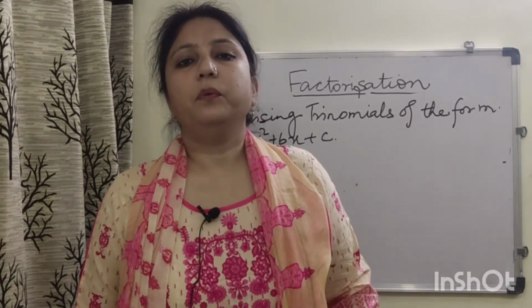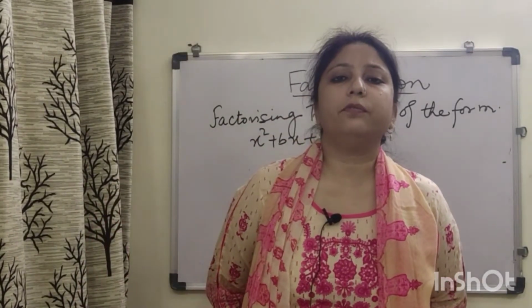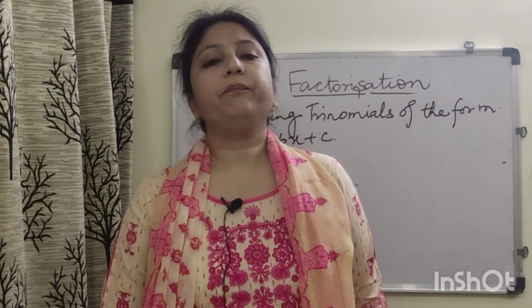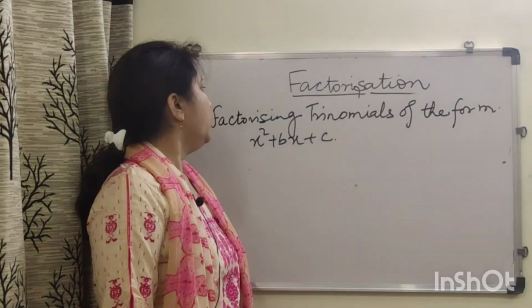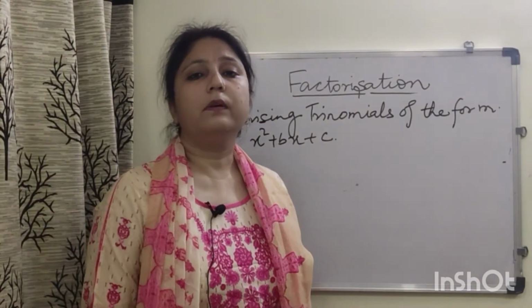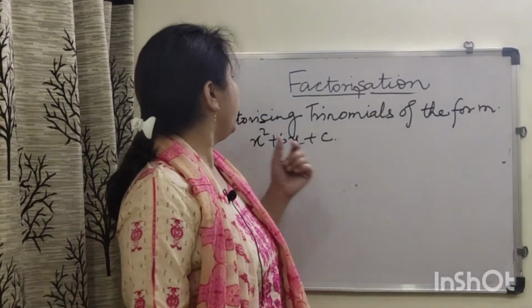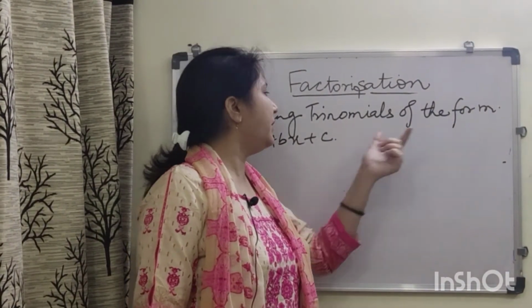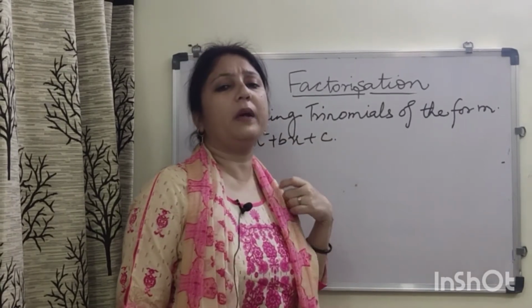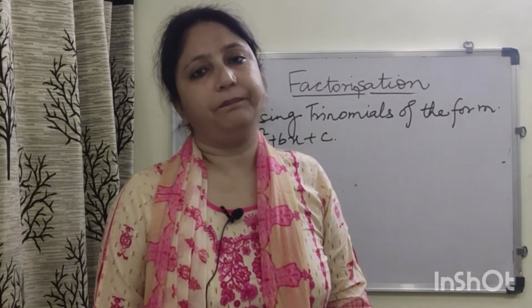Now, in the last session of this factorization, children, we are going to do two types of factorization. First one, factorizing trinomial in the form of x square plus bx plus c.